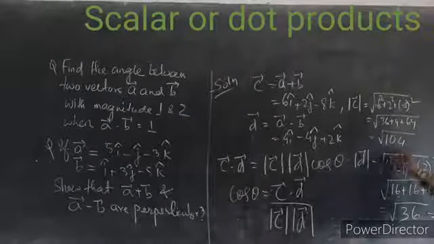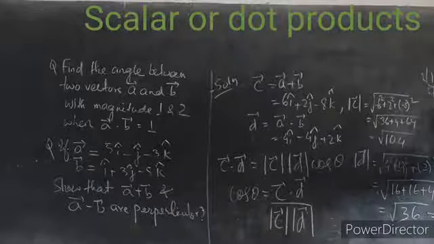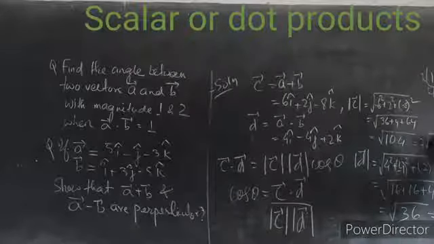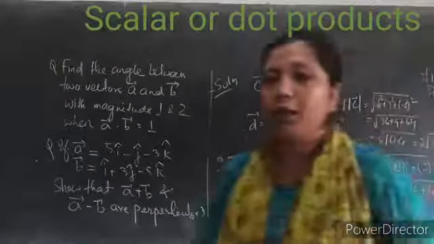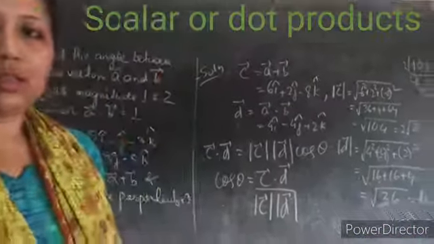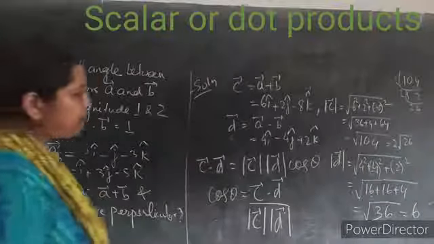And if you break 104, what can you write? You can write it as 2 root 26, isn't it? If you do the prime factorization, we can write 104 as 2 root 26.